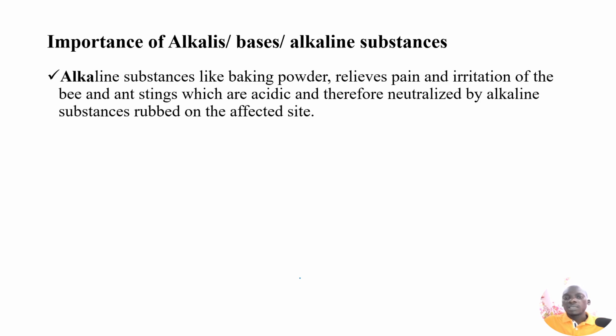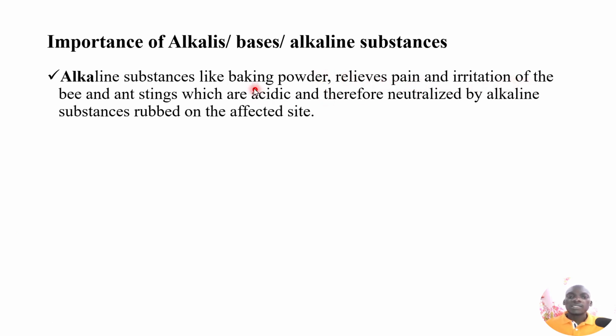This baking powder relieves pain and irritation of bee and ant stings, which are acidic. So we saw in the last lesson that the bee and ant stings are acidic. And when you are stung by an ant, you feel some kind of irritation and pain.